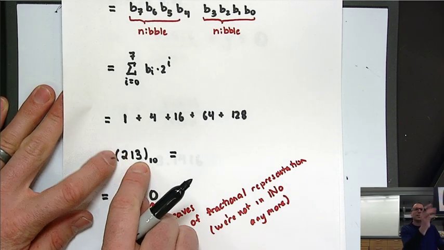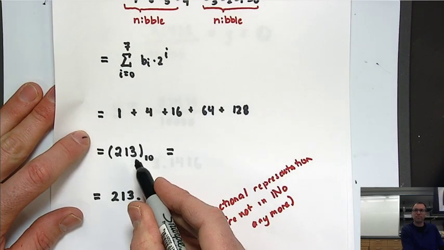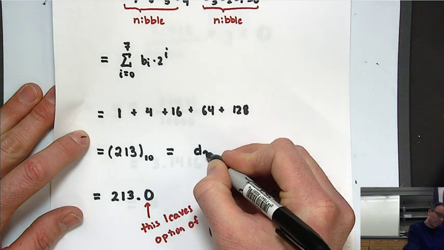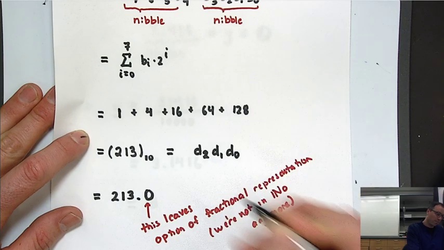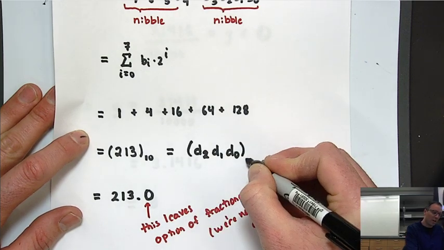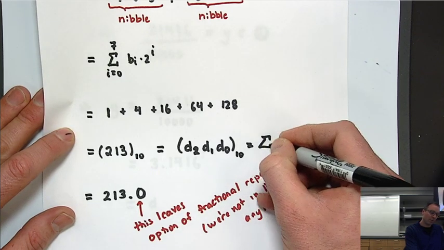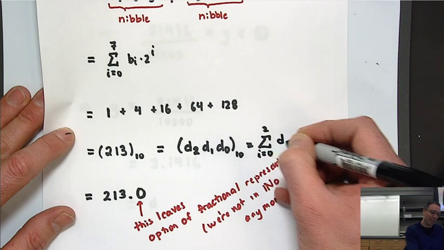How do I represent this in general decimal format? Why did I choose D2, D1, D0? Because each subscript corresponds to the corresponding power of 10.